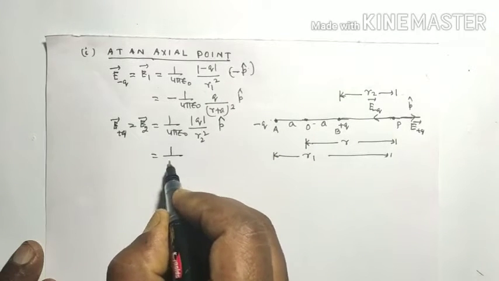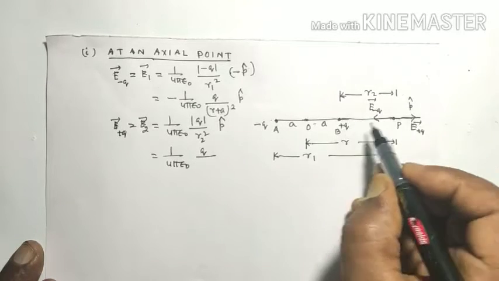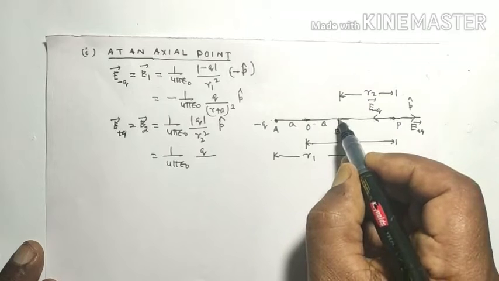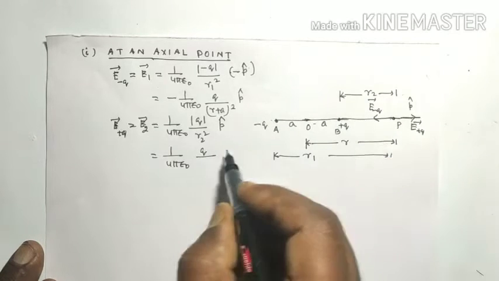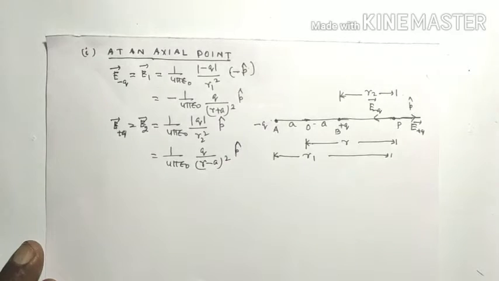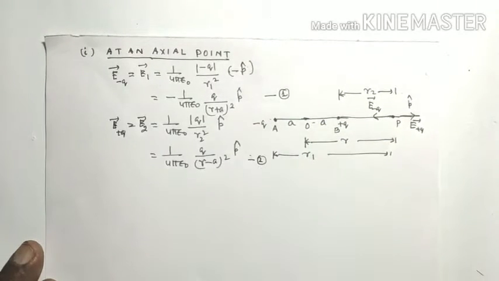So this is equal to 1 by 4 pi epsilon 0 Q by, your R2 is OP minus OB, so R minus A. So this is R minus A square into P cap. So this is one equation and this is the other equation.